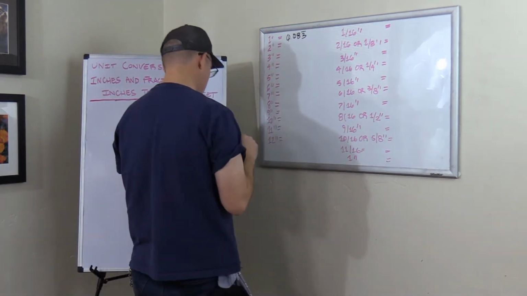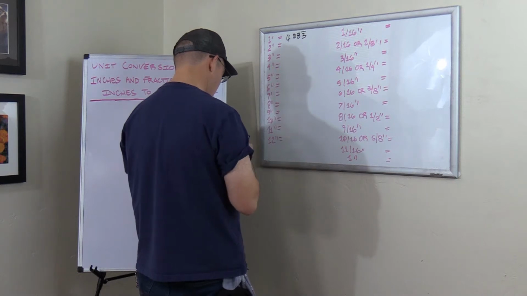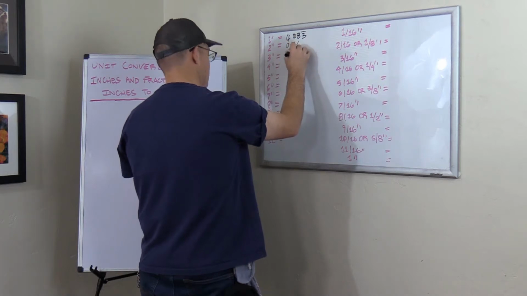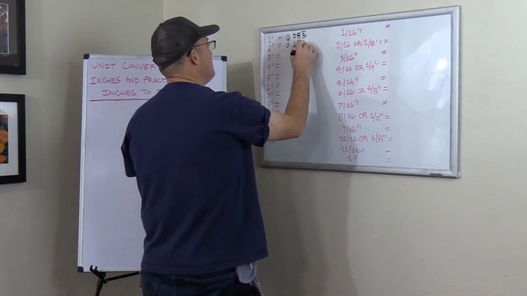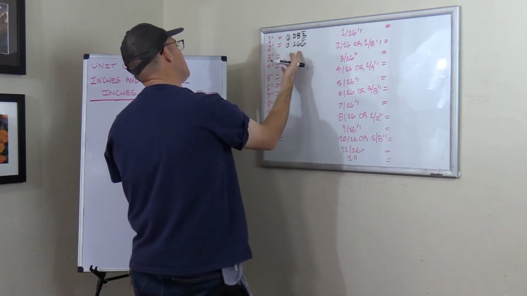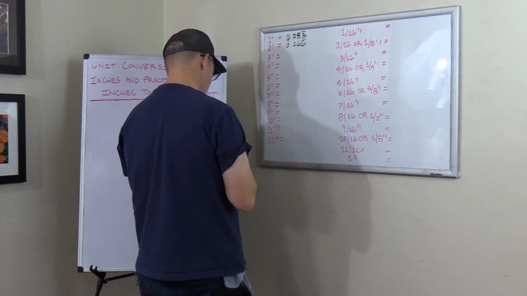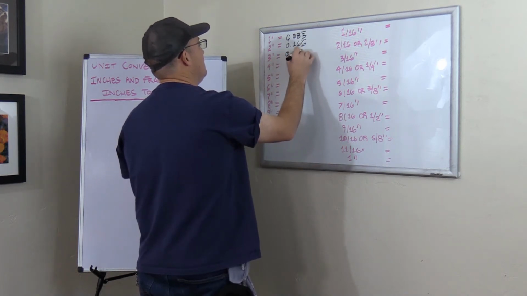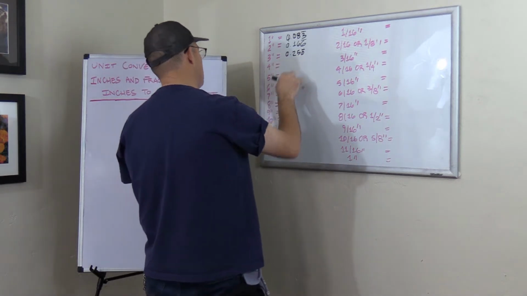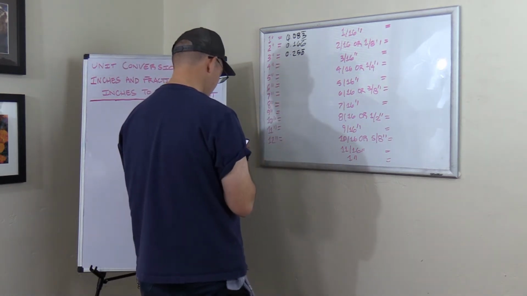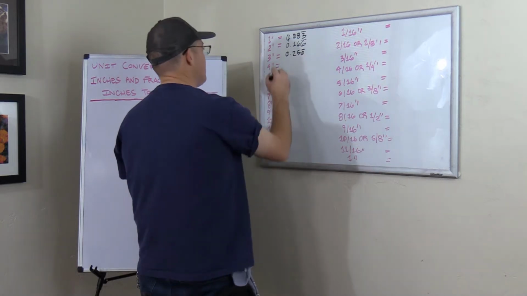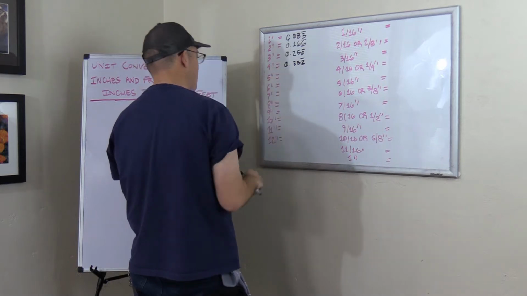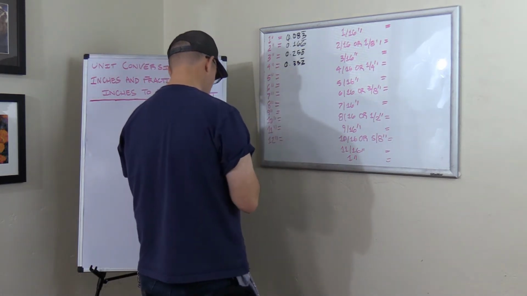So 1 inch is 8 hundredths. 2 divided by 12 is 0.166, so 16 hundredths. 3 divided by 12 is 0.250, so a quarter of a foot, 25 hundredths. 4 divided by 12 is 0.333, so one third of a foot.